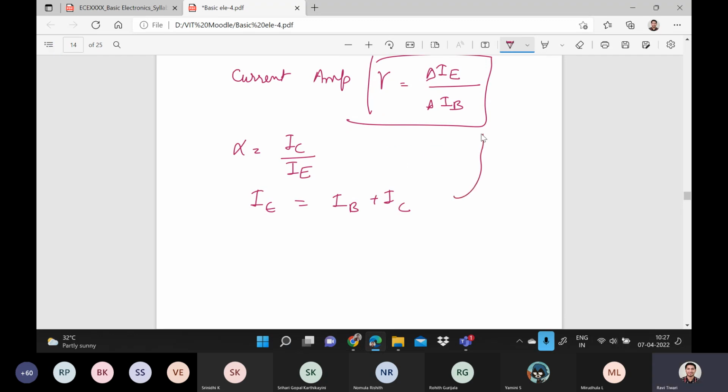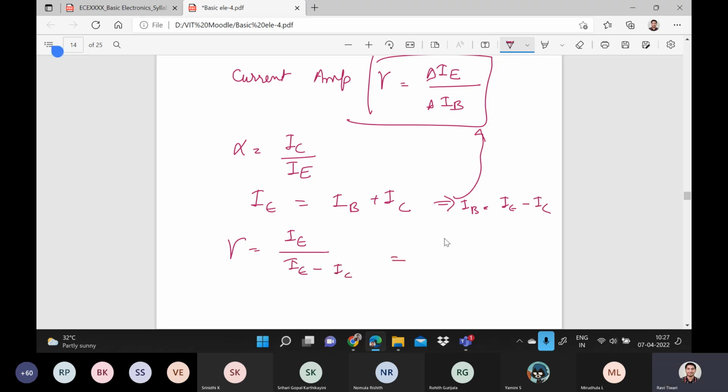So in this equation, if I substitute, gamma is equal to IE divided by, in place of IB, I can write IB equals IE minus IC. So it will be IE minus IC, right?